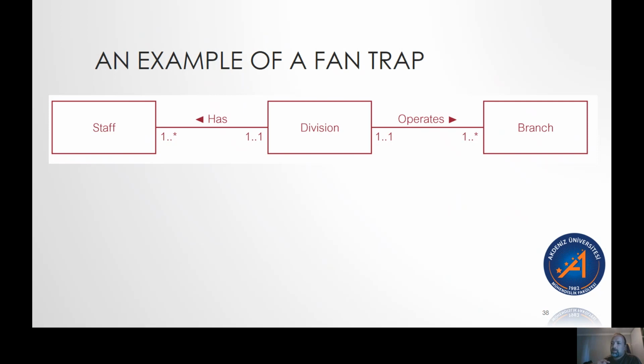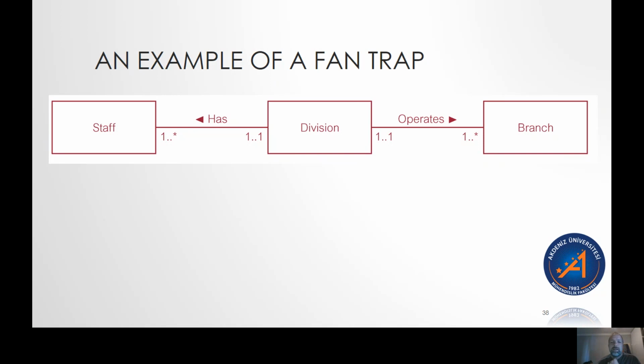Okay. That's not to say that there's always a fan trap here, just because there's a one-to-many on one side and a one-to-many on the other side. But if there is a relationship we need to know here, we don't just add a new relationship. All right?